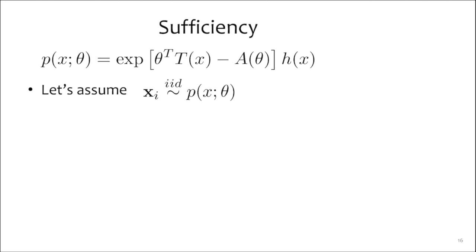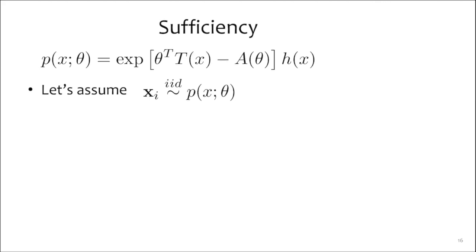Okay, so now I told you that the size of the sufficient statistic does not grow with the data. Here is an example. Let's say that we have x coming from this exponential family, and we draw IID samples from it. What is the joint distribution?